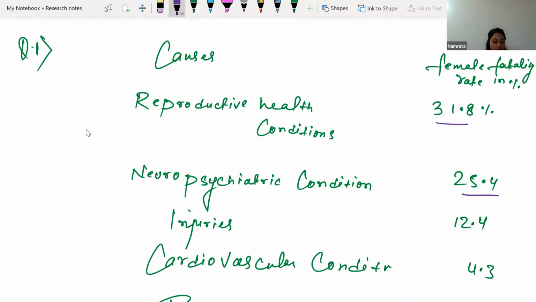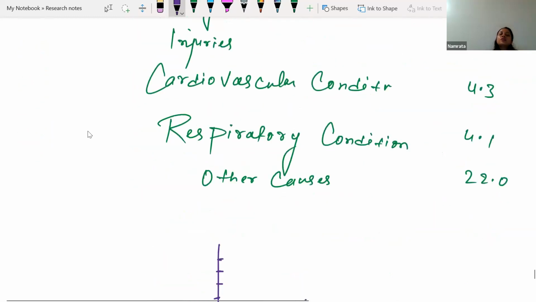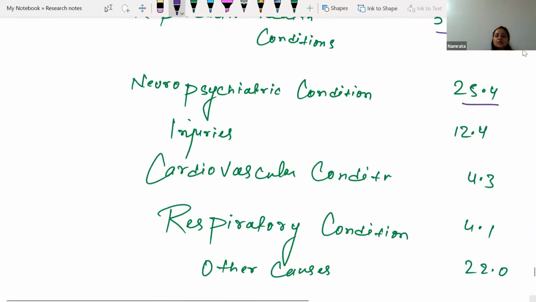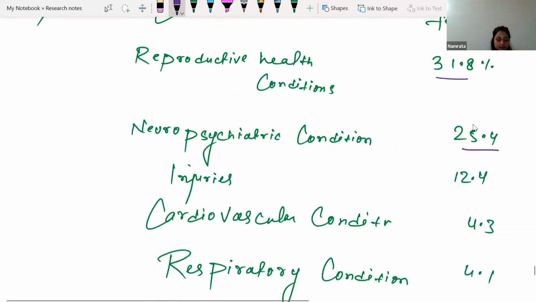Here one or two more parts are there, which ask which condition is the major cause of women's illness, ill health and death worldwide. So we can see either from the bar graph, or from here only, from the percentage, which one is the maximum, right?